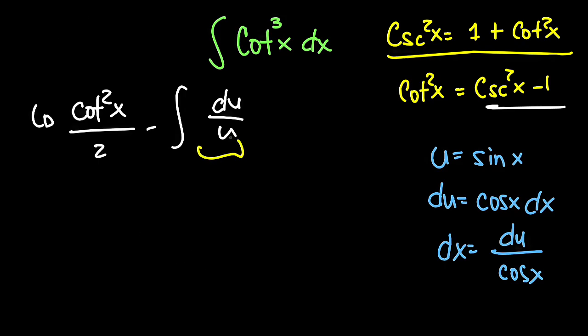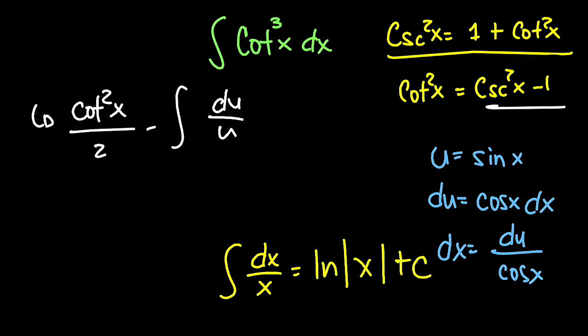We had reached this problem now. We would need to know the formula of logarithm in integral. The integral of dx over x would be equal to the natural log of absolute value of x plus c.